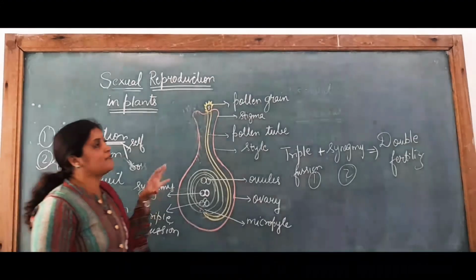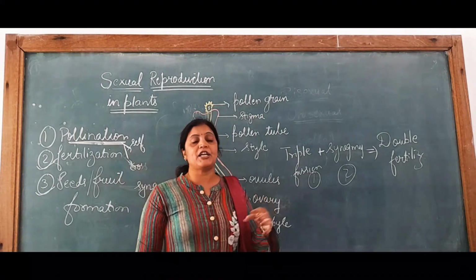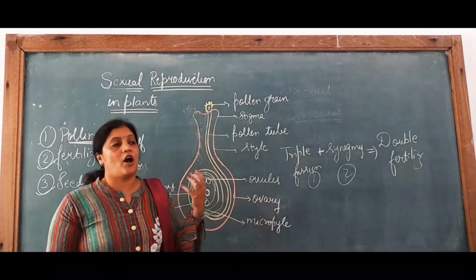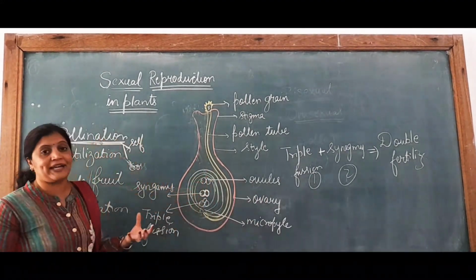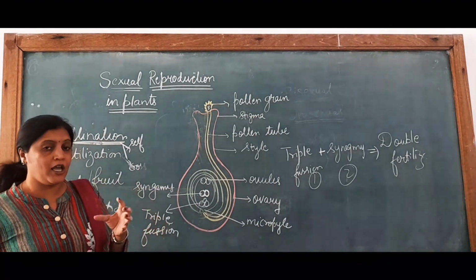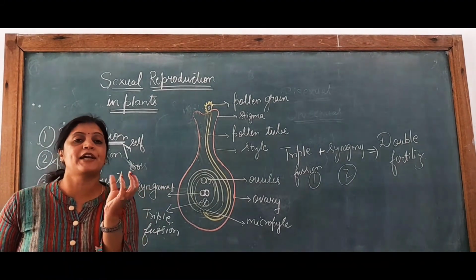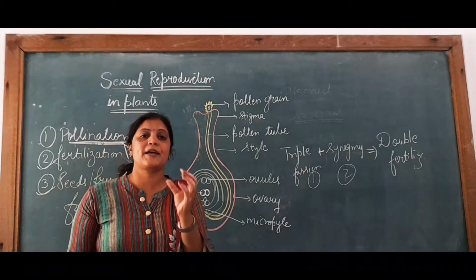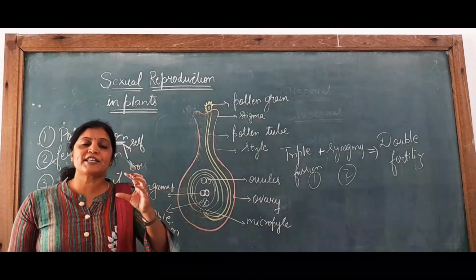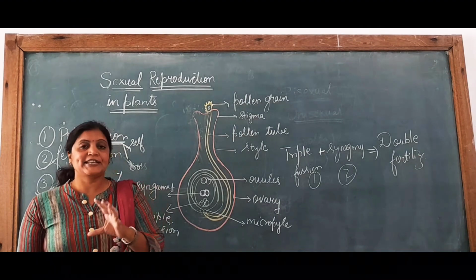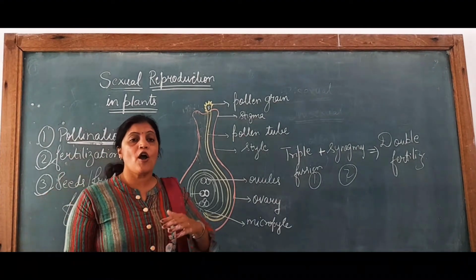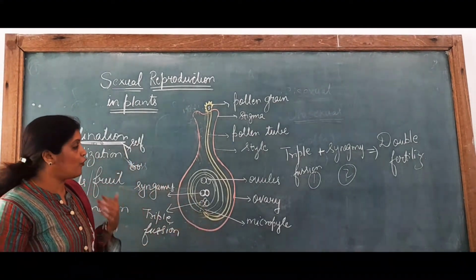You have seen in plants that whether it's an apple or a pomegranate, whatever fruit you get, first it appears as a flower. When this flower gets fertilized, then it becomes fruit. So after fertilization, what happens?